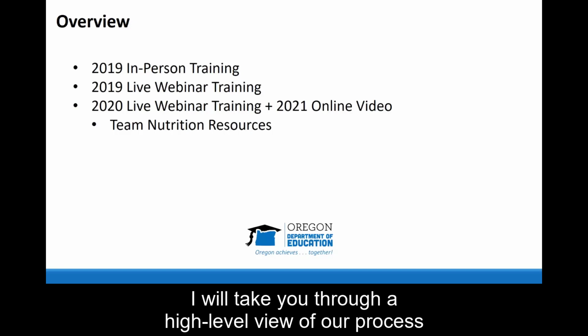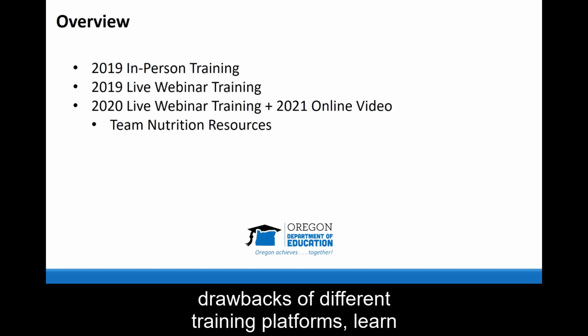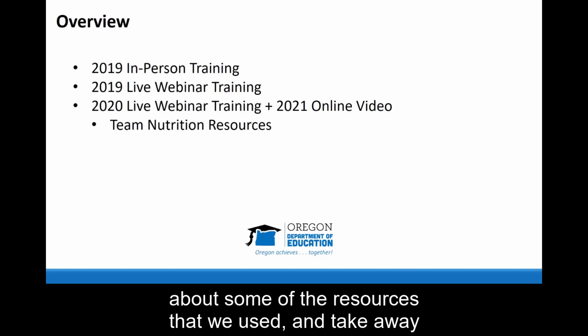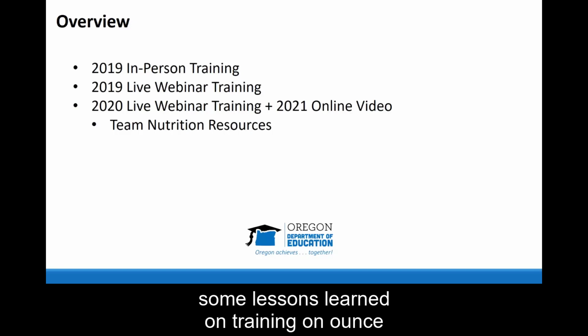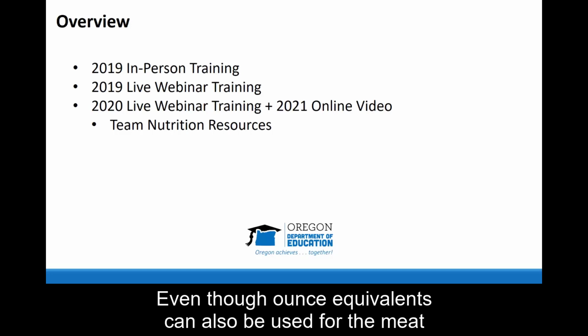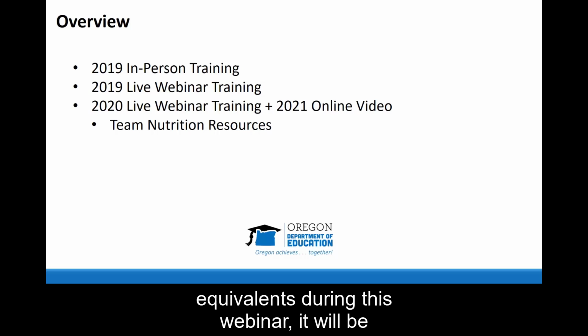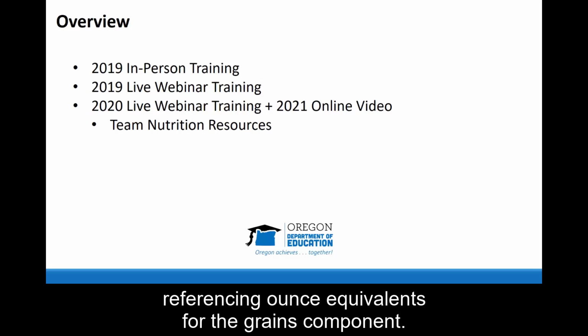I will take you through a high-level view of our process today so you can learn about some of the benefits and drawbacks of different training platforms, learn about some of the resources that we used, and take away some lessons learned on training ounce equivalents for grains. Quick note here, even though ounce equivalents can also be used for the meat and meat alternate component, anytime I say ounce equivalents during this webinar, it will be referencing ounce equivalents for the grains component.